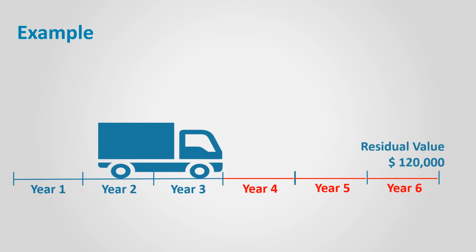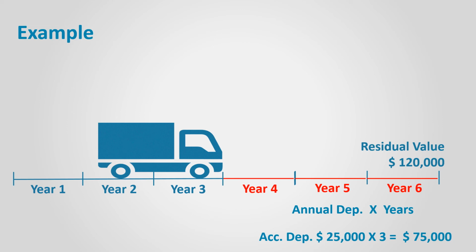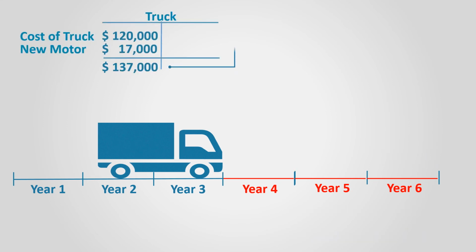Let us calculate the accumulated depreciation at the third year. Remember that we calculated the annual depreciation of the truck and it is equal to $25,000. So the accumulated depreciation will be equal to $25,000 times 3 years, so it's going to be equal to $75,000.